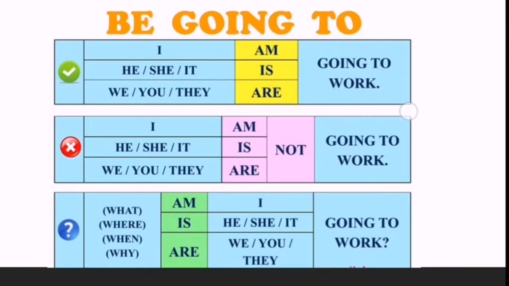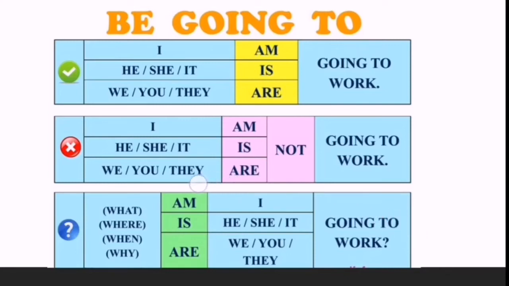And remember, the verb is always going to be in base form because after to we always have to have the verb in base form. And what happens if we're going to make a question? You know, the verb is going to be at the beginning. So am, is, and are is going to be at the beginning. The pronoun is going to be in the second position, and then the verb. Okay?